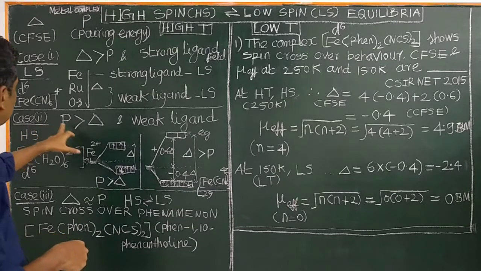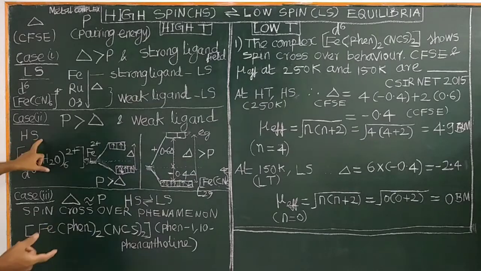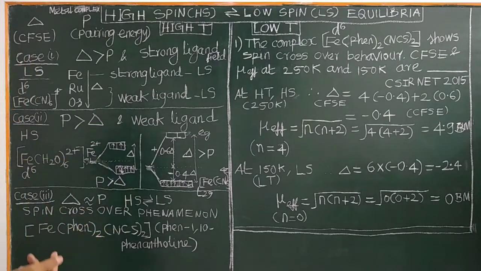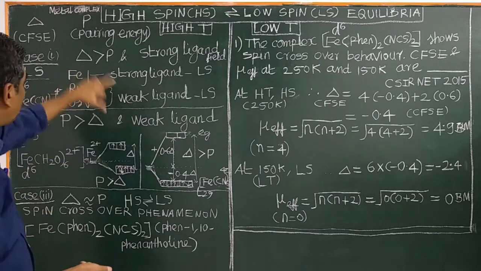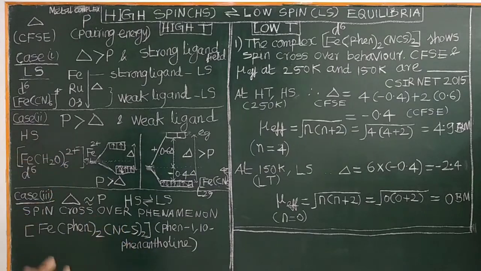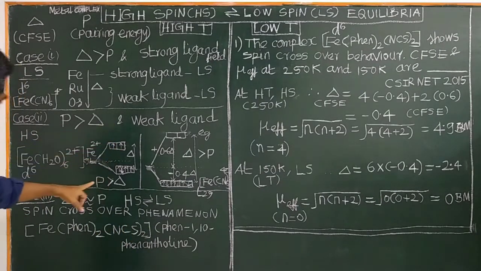Case 2, now we will see. In the case of a high spin complex, the pairing energy is greater than the crystal field stabilization energy. It is the opposite. In high spin transition metal coordination complexes, the pairing energy is greater than the crystal field stabilization energy.